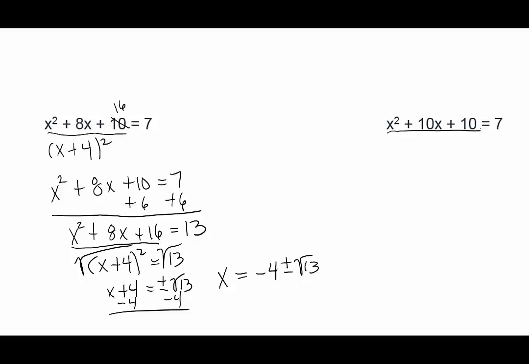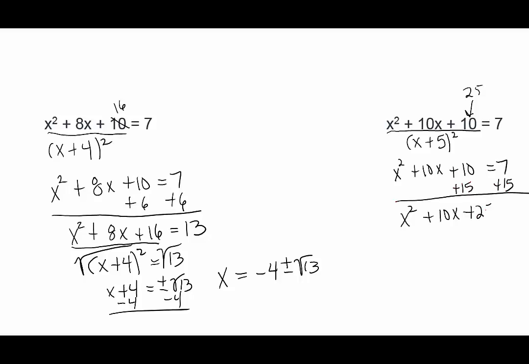Next, if I want this to be a perfect square trinomial, that this is going to be x plus 5 squared. So I need this number right here to be 25. So to make a perfect square trinomial, I'm going to add 15 to both sides.